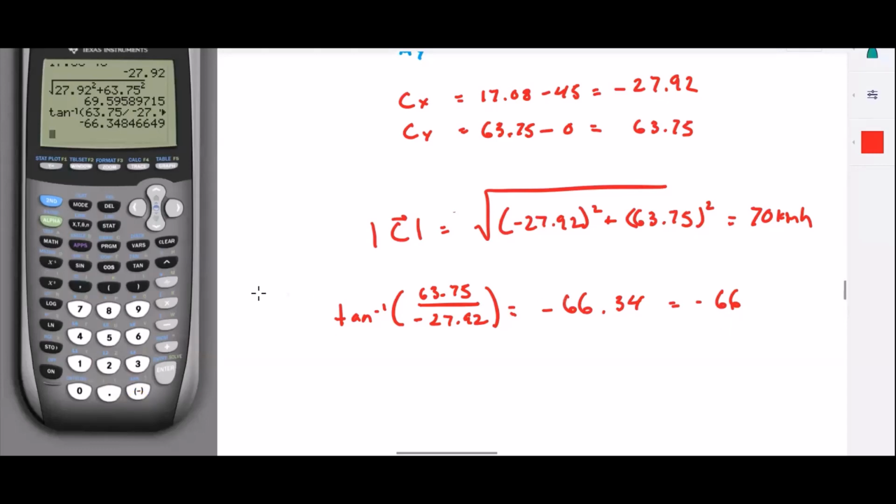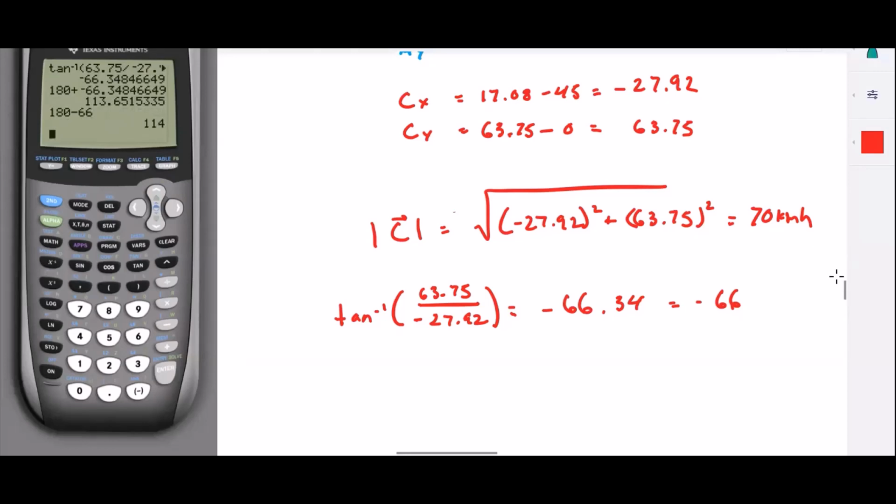Now, what we're going to do is 180 plus this, and we get 113.65, or I guess I should have done 180 plus negative 66, because that's what I said I was going to round it to. So we get 114.